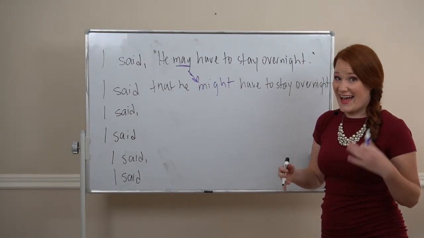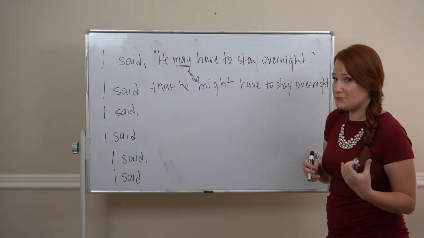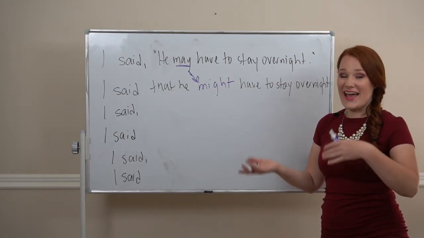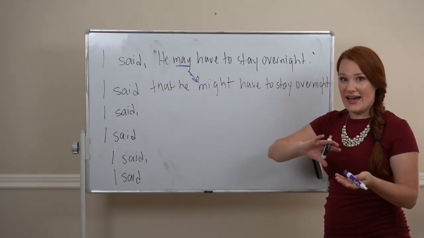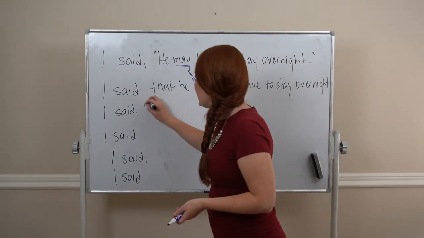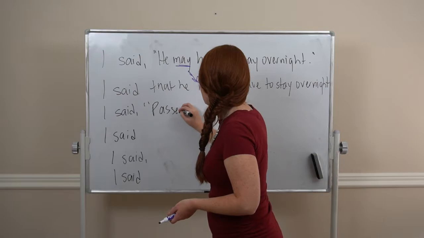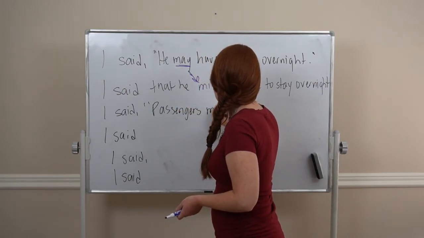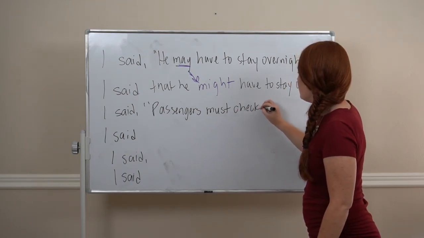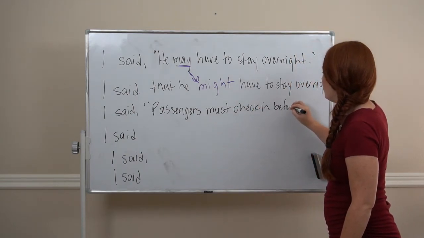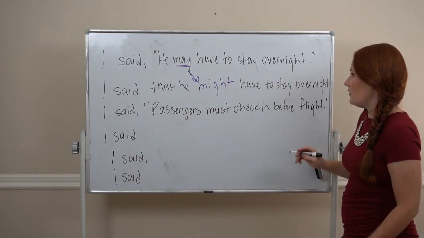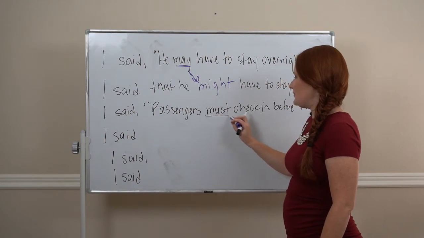What about a verb like must? Must doesn't have a past tense form. But do you know what does have a past tense form? Have to. Must and have to can be used in the same way. So if I said passengers must check in before the flight, then we can't use that.